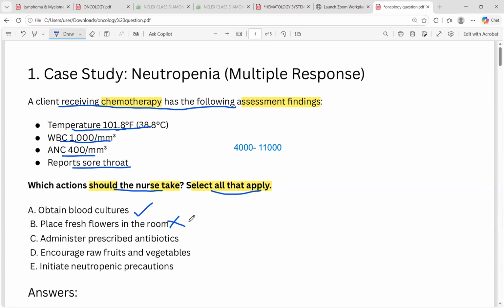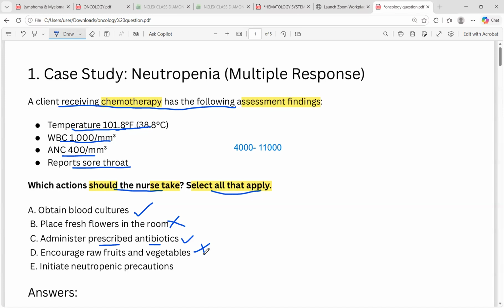no, because the client will be more prone to infection, so we are not doing that. Administer prescribed antibiotics: yes. Encourage raw fruits and vegetables: no. Why? We are not allowing them because of the risk of more infection.